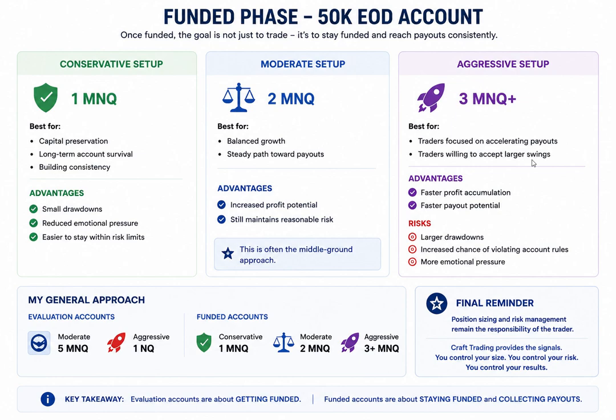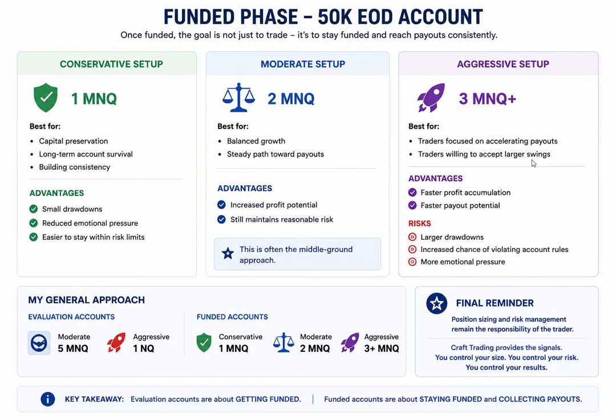It is just your style, how quickly you want to get to payout, how much you are willing to blow an account as well. The quicker I anticipate getting to payout, the higher the probability of blowing or failing an account.